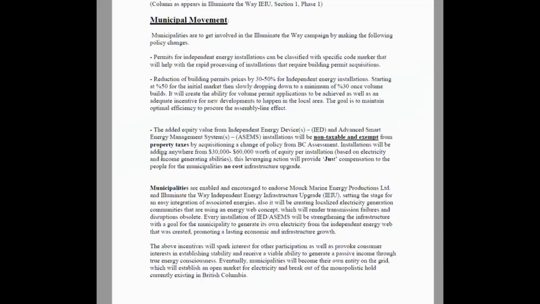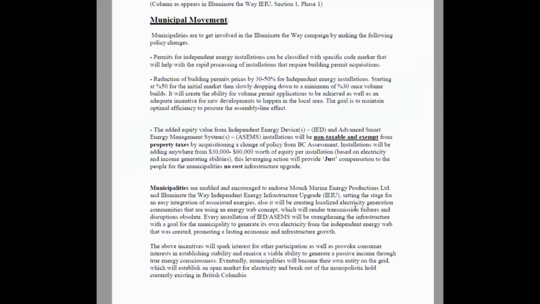So for the property taxes, by acquiring a change of policy from BC Assessment, installations will be adding anywhere from $30,000 to $60,000 worth of equity per installation. Now, this is based on electricity and income generating abilities. It also is based on what principles you use, what type of materials. Are you going to use conventional? Are you going to use nanotech?